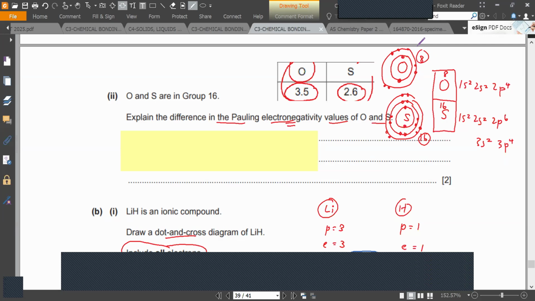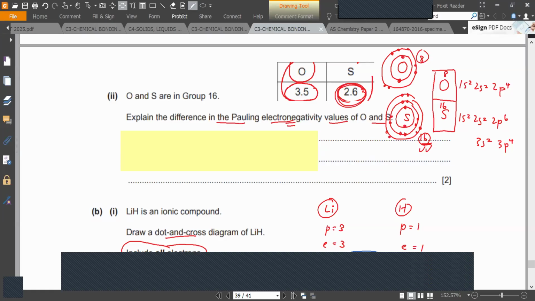So we can say sulfur has a higher nuclear charge, it can attract electrons more strongly. But in reality, sulfur has lower electronegativity. Why? This is the effect of the radius.